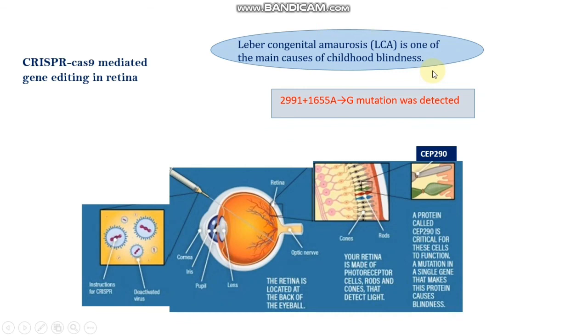This is one of the genetic disorders. But when CRISPR-Cas9 was injected, it was found that the mutated CEP290 gene is edited and modified, and this disease could be recovered.